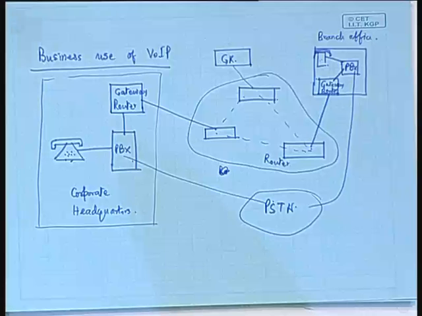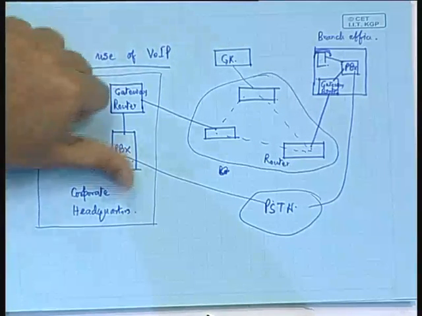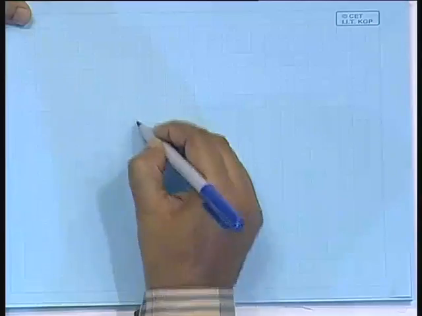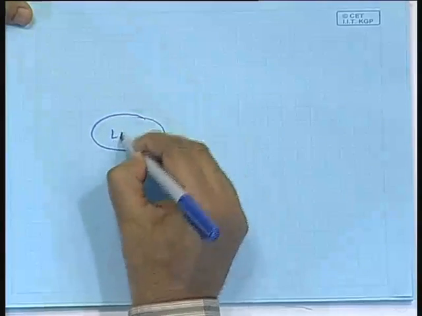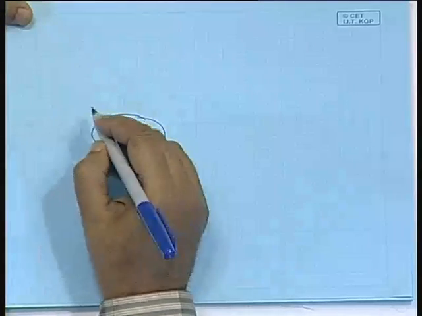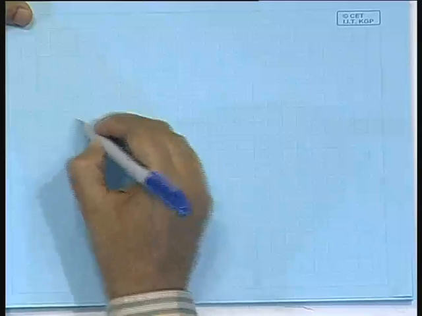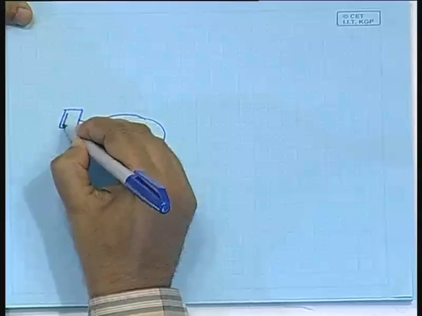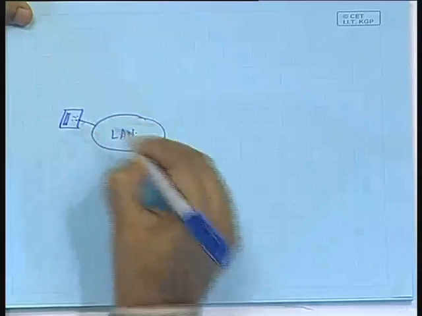The other alternative way is that instead of connecting the telephones to the PBX, why do you not connect the telephones to the LAN itself? Those telephones are referred to as IP telephones. So, you can have a local area network to which you connect all the IP phones. This is one such IP phone, where there is a set over here.